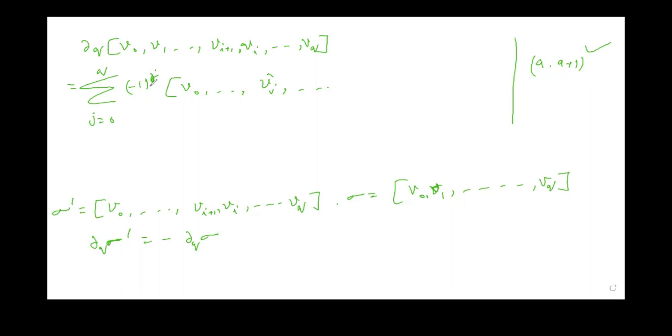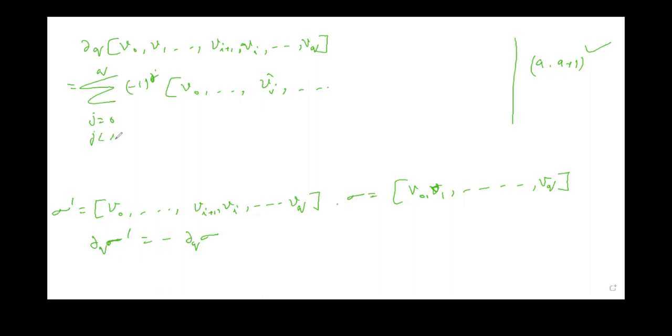This is simple actually. If j is less than i, that is Vj is on this side of V i plus 1, then whatever faces we are getting, we have to write actually three terms.